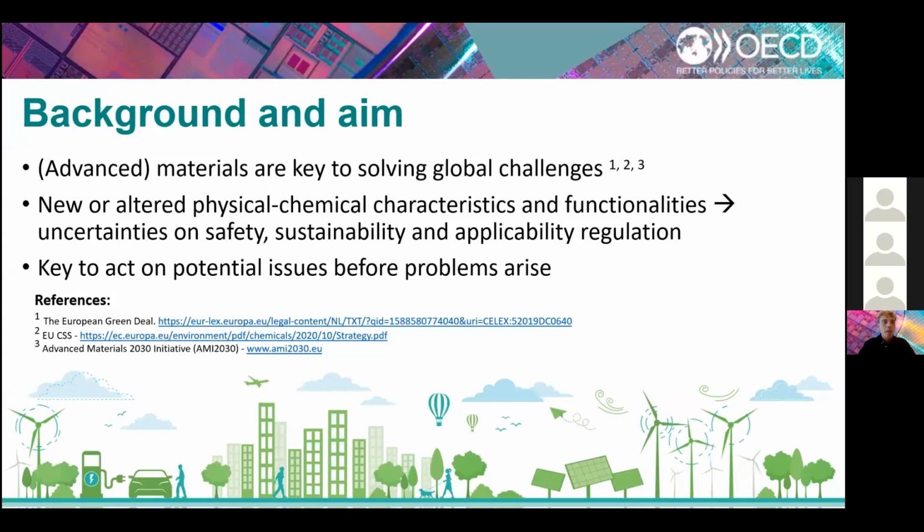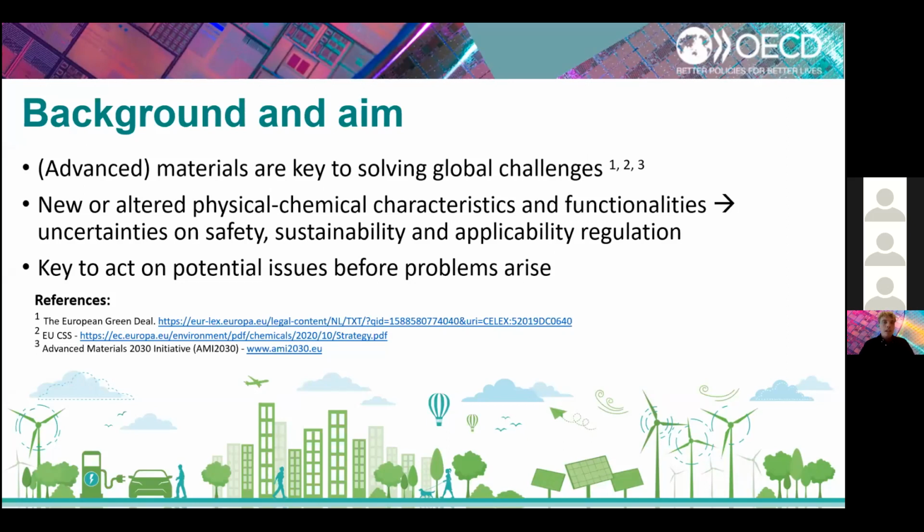Agnes already explained the background, but I'll just repeat some parts briefly. So we've seen that advanced materials are key to solving global challenges, which is also laid out in various, for example, EU documents, but also industry initiatives. And so what we see is that many of these advanced materials have new or altered physical chemical characteristics and functionalities.